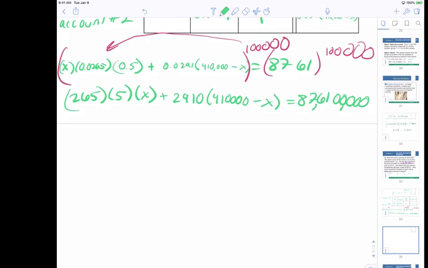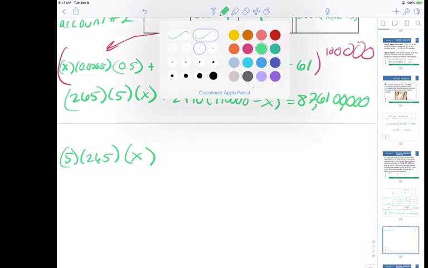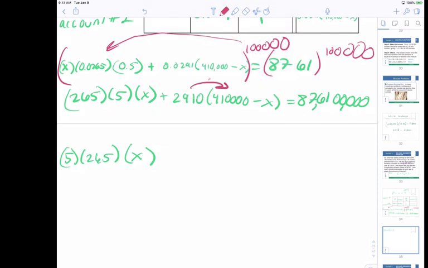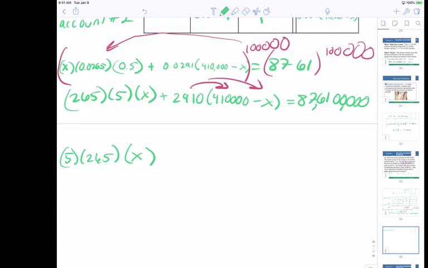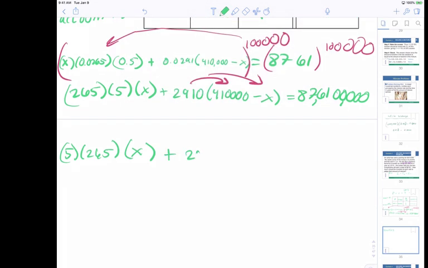So we got 5 times this 265, 265 times x. I'm going to distribute this. Let's see. Oh, that's getting worse. So what I'm going to do, I'm going to leave it as 2910 times the 41. I'm not liking that.